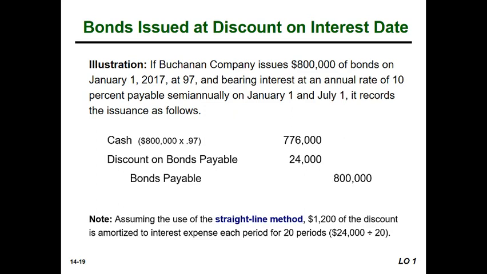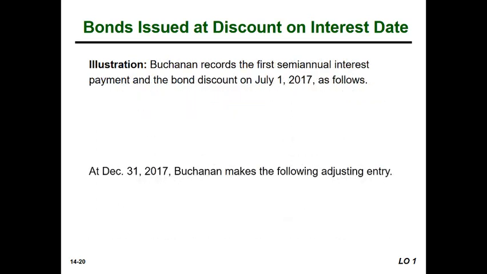But assuming that we are going to use straight line, 1,200 of that discount is going to be amortized to interest expense for each period for 20 periods. This is how we would do this. We would start with our first period. This is our first semi-annual interest payment and bond discount amortization.